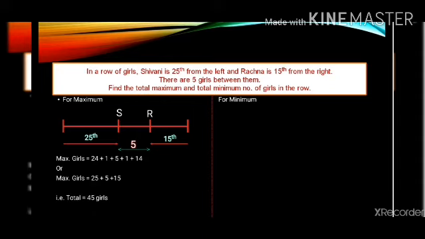You will get the total number of girls, that is 45. These are the maximum girls that can be there in this row.